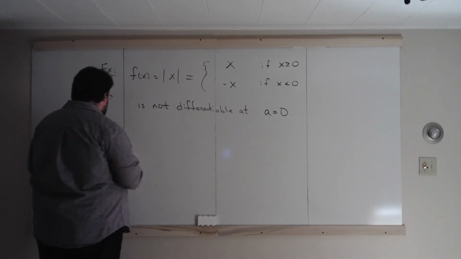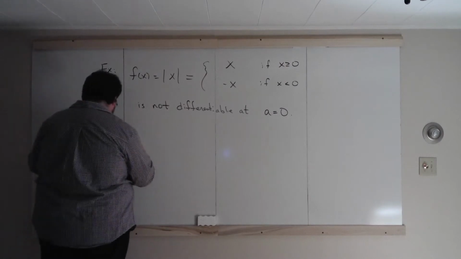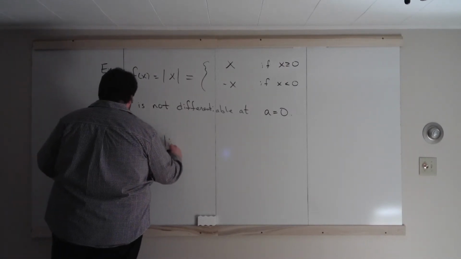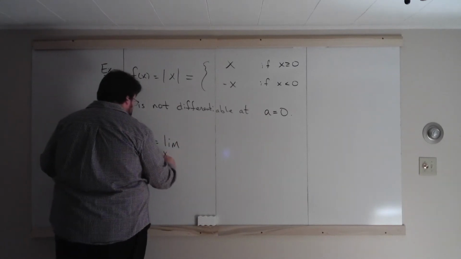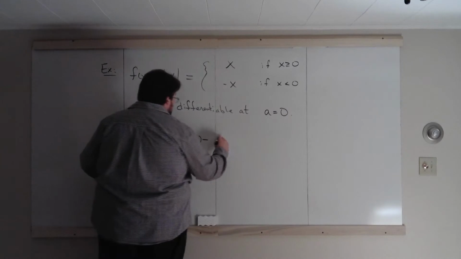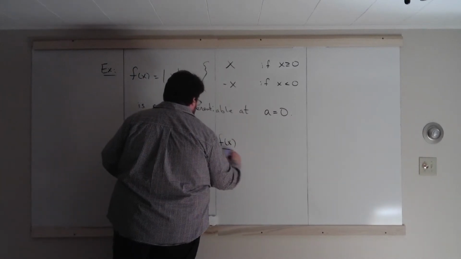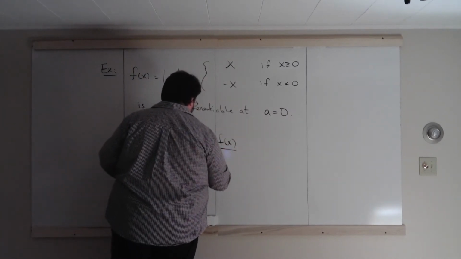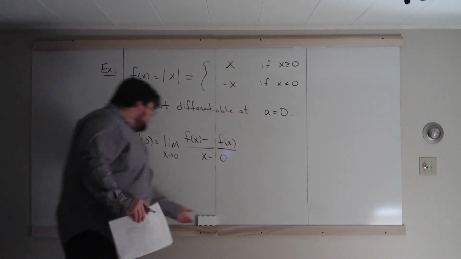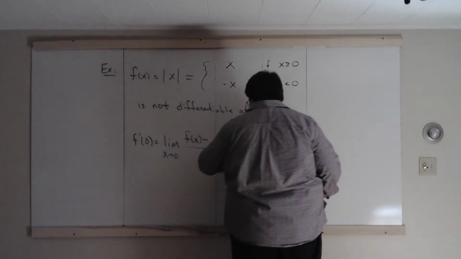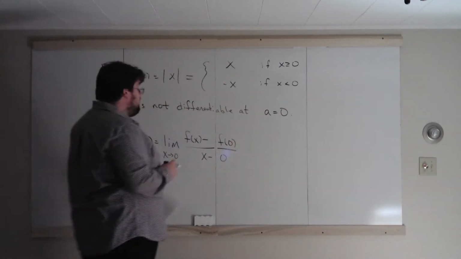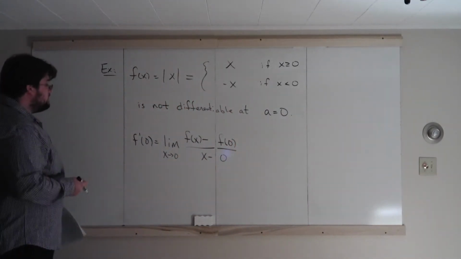I think this one is slightly easier, so let's do that. f prime at 0 equals the limit as x approaches 0 of f of x minus f of 0 all over x minus 0. I miswrote that. f of x minus f of 0 all over x minus 0. I said it correctly, I just miswrote it.